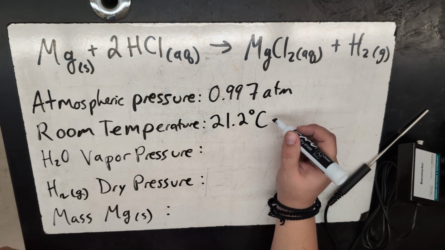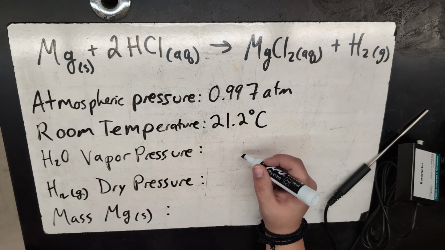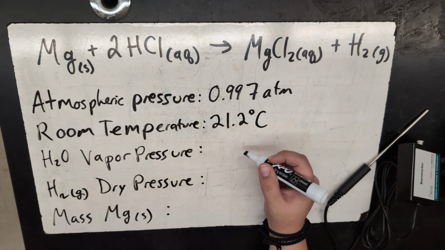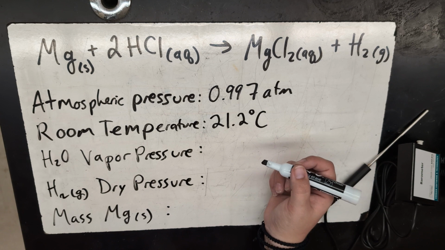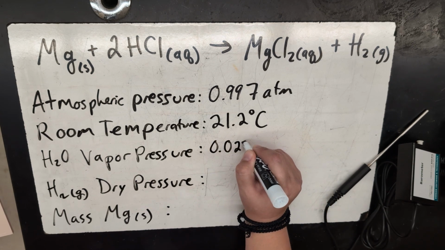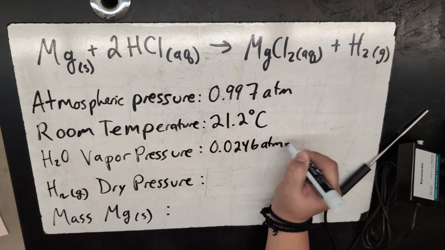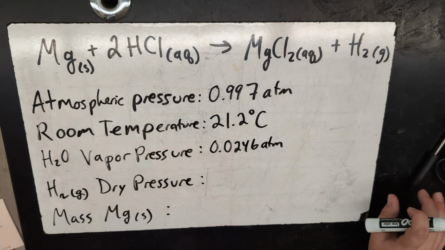Once you have the room temperature, you can look up, using a table of values, the water vapor pressure at that temperature. So at 21 degrees Celsius, the water vapor pressure is 18.7 millimeters of mercury, which in atm is 0.0246.